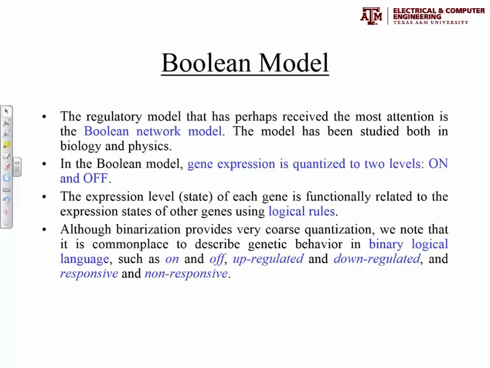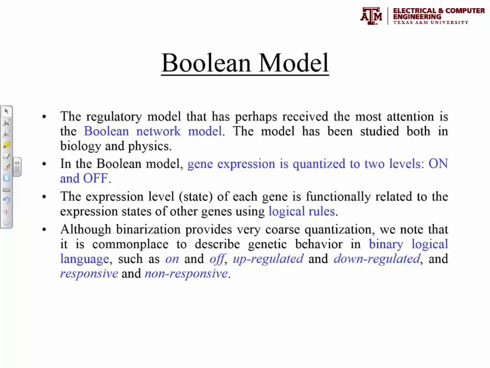On means it is being transcribed, off means it is not being transcribed. The expression level of each gene is functionally related to the expression states of other genes using logical rules, using Boolean logic. The expression level of, let's say, gene number 1 at the next time step will be some Boolean function of the expression level of its predictors at the current time step.